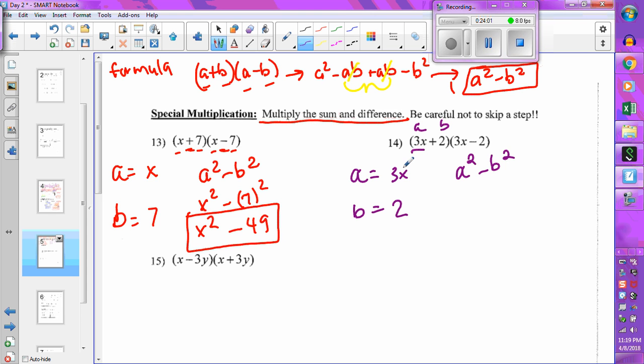For the value A, we have what? 3x. So 3x squared minus our B is 2, 2 squared. So what is 3x squared? It's now going to be 9x squared minus 4. And that is our answer. Okay?